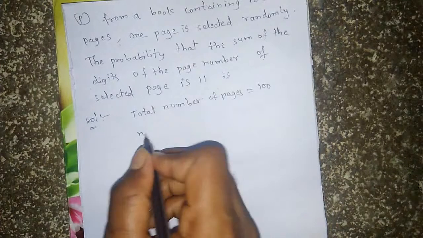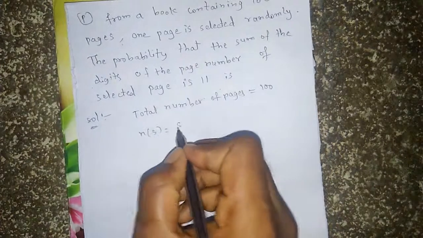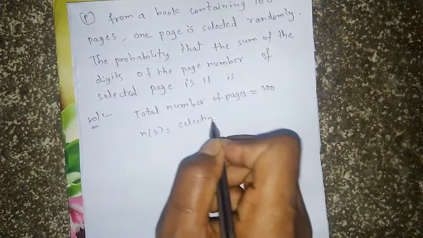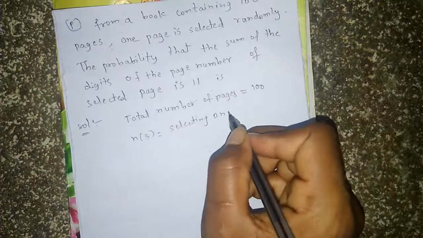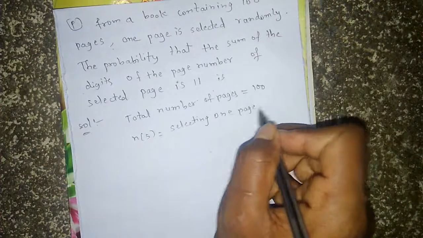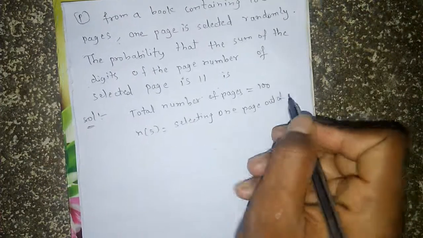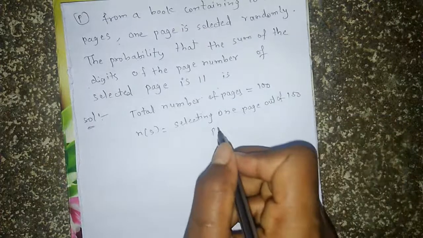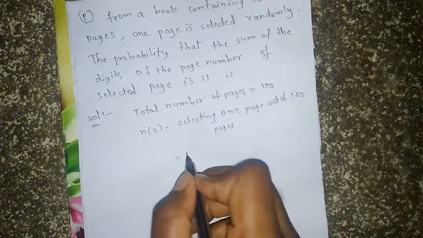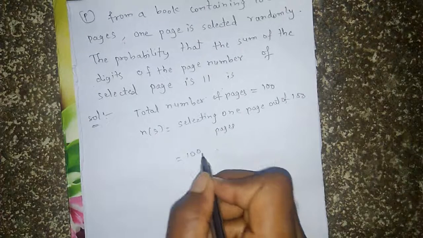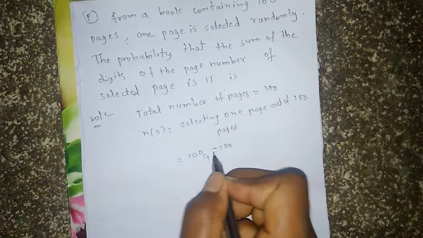Now n of S, selecting one page out of 100 pages, 100C1, that is equal to 100.